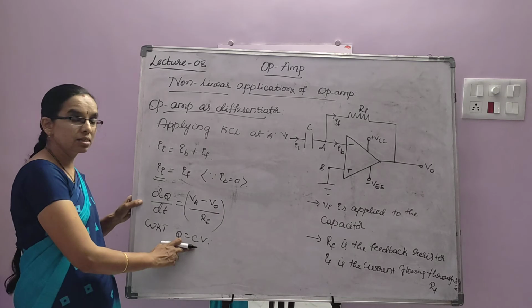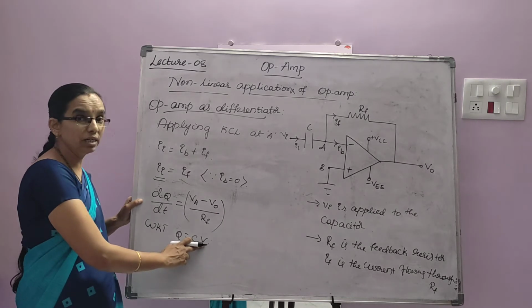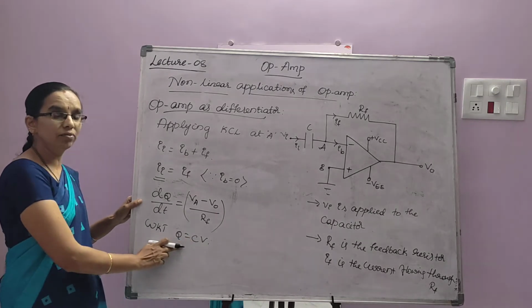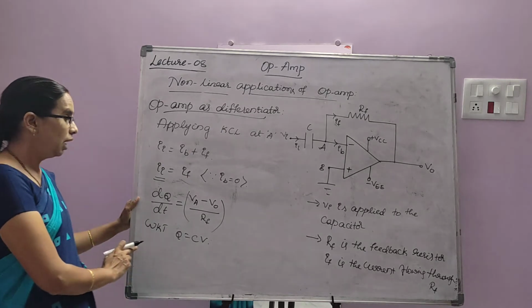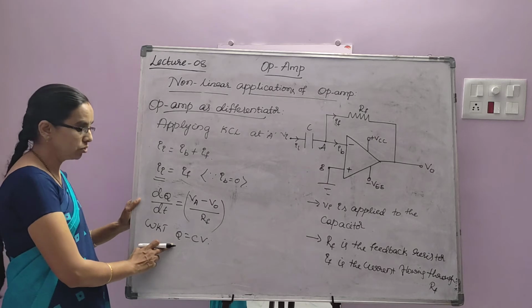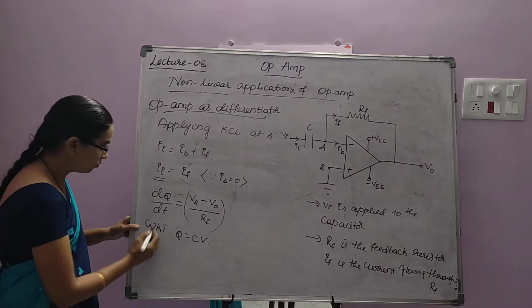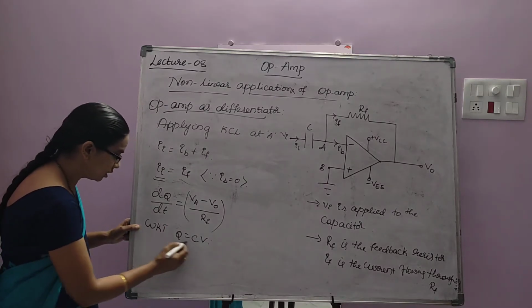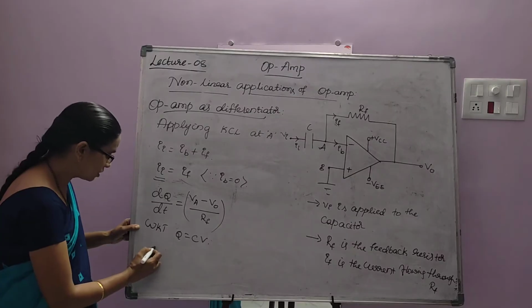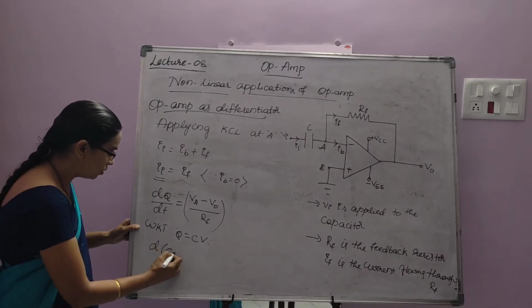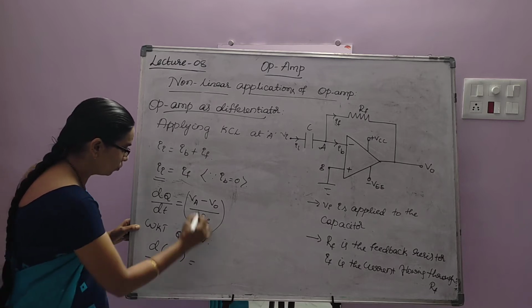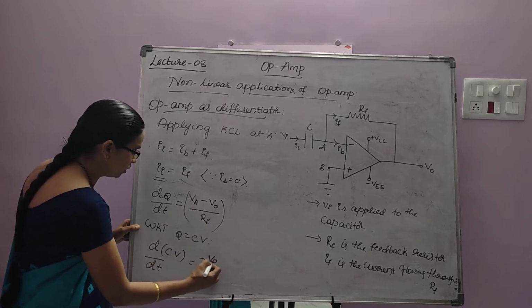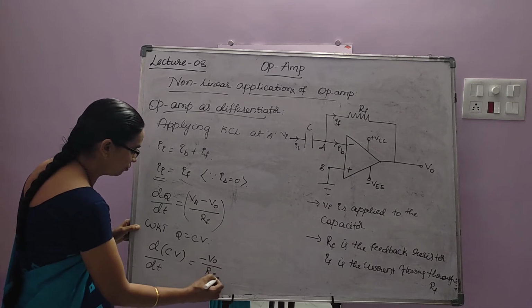C is the capacitance of the capacitor, whereas V is the voltage across the capacitor, that we have already studied in first PU, passive electronic components. I guess you remember this expression Q is equal to CV. So if I replace Q in terms of capacitance and voltage across it, d into CV divided by dt is equal to, VA is 0, so minus V0 by RF.